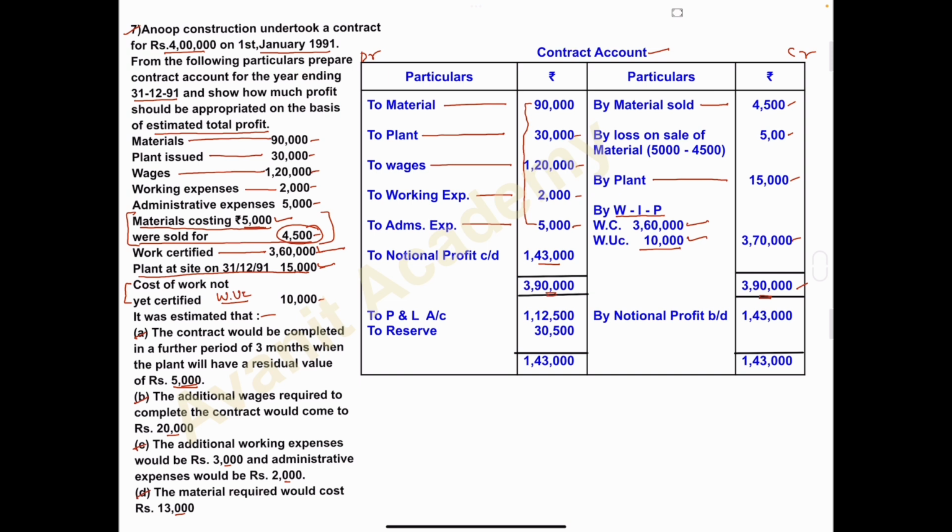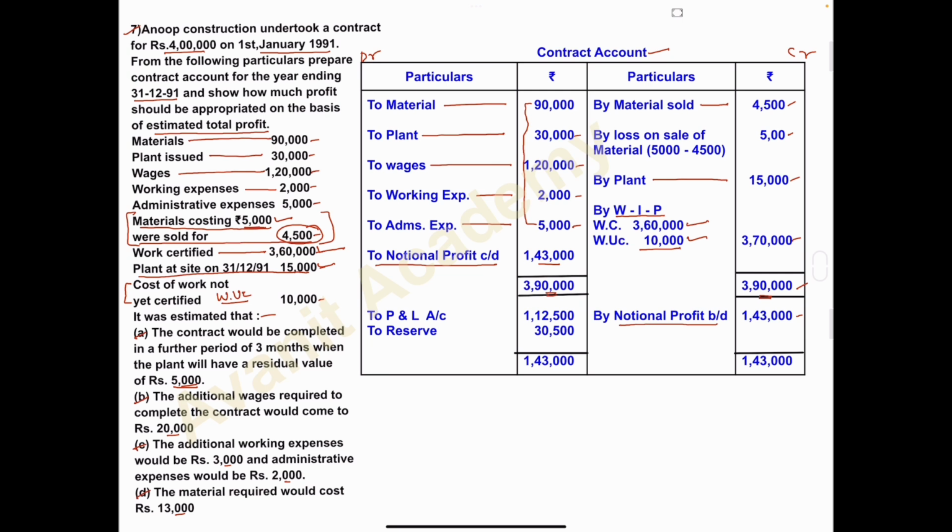This is called notional profit. Okay, the same profit will be brought down on the credit side. By notional profit brought down, amount is 1,43,000. So when we get the notional profit, what do we have to do? A portion of notional profit is transferred to profit and loss account and the remainder to reserve.